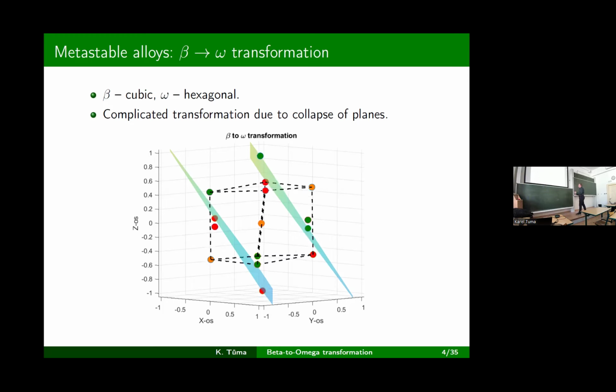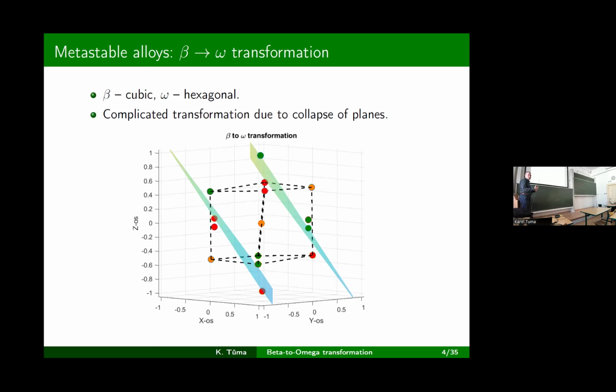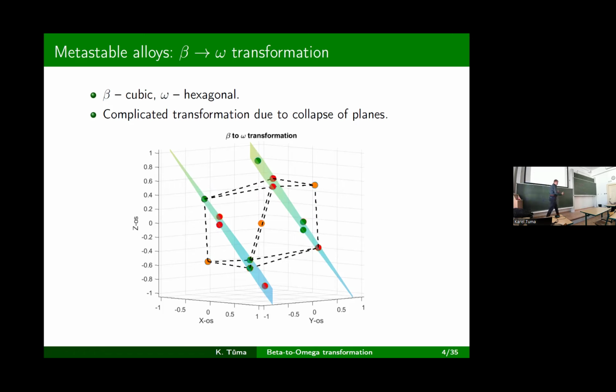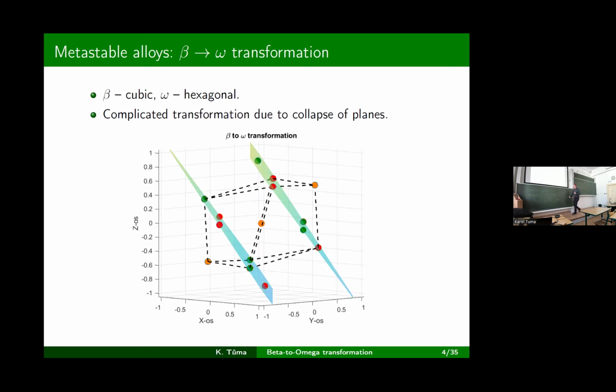If we assume just the cubic to trigonal structure, it is possible from the continuum mechanics point of view that they will be in touch. So somehow we need to add some additional information to prevent the contact of different variants of omega.